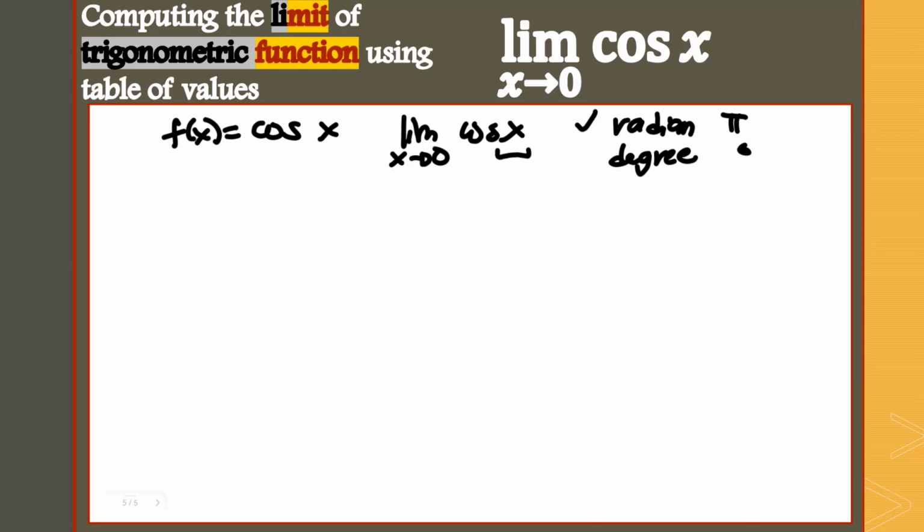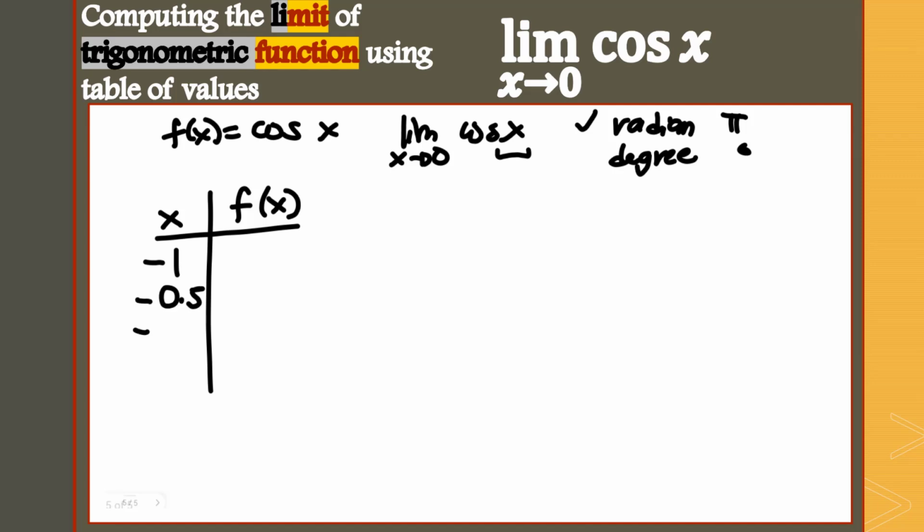Our goal here is to show that the limit from the left of 0 and the limit from the right of 0 are equal, so that we can get the actual limit that we have been using for cosine x as x approaches 0. Let's have x and f of x here. Let's try the values of -1 from the left, and of course -0.5 as we get closer, -0.1. We may use other values later to further illustrate the relationship.